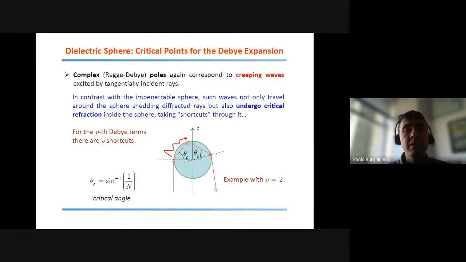Theta sub c is the critical angle for refraction. So they are able to penetrate the sphere and, in a sense, take some shortcut through the sphere. So, for example, in this drawing, I have considered the case with p=2, so a single internal reflection. And there are two shortcuts taken in this example, and then that's the exit ray, which is again tangential with respect to the sphere.